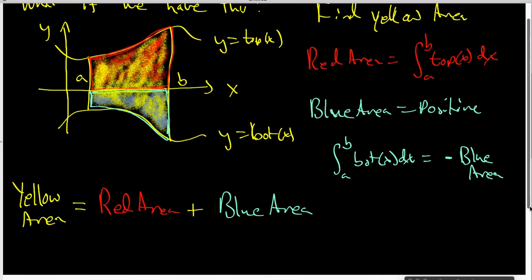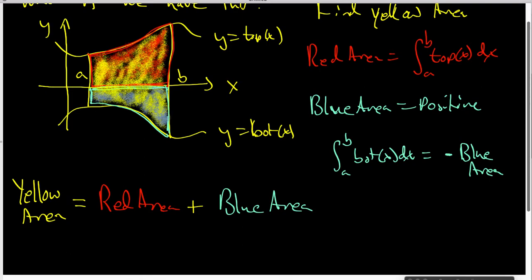But this time when I look at my integrals, the red area is the integral between A and B of my top function. And then I want to add the blue area.